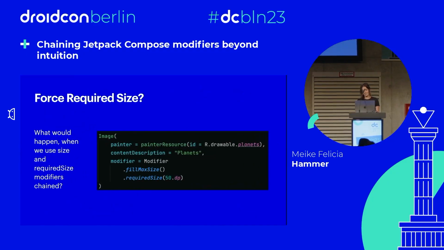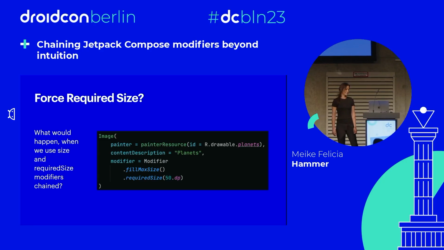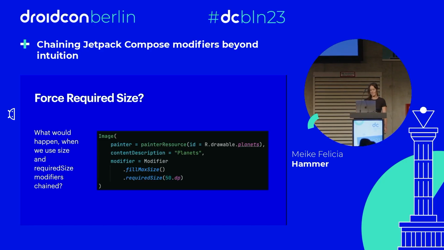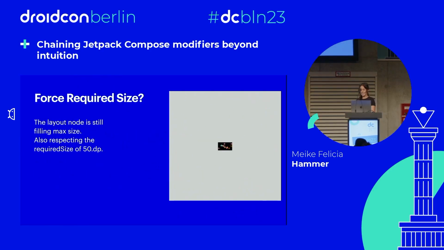And then another possibility could be, it's like, man, it's not working. We force the size. We really want to have 50 dp, so we apply our required size modifier. And when we are forcing things, it actually should have an impact and be that size.